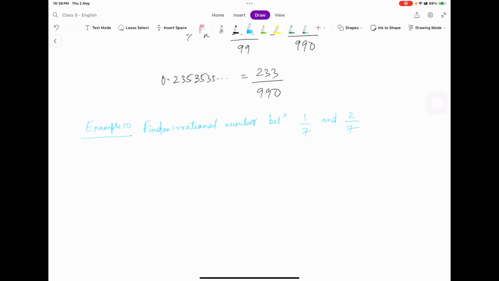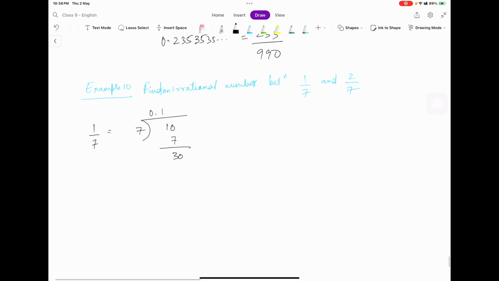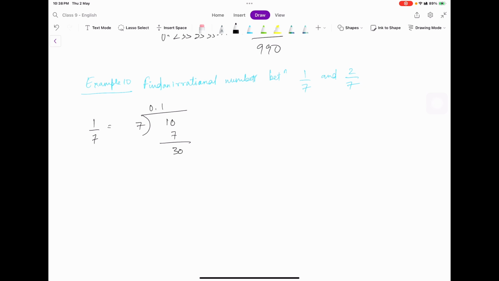Okay, so how will we do it? 1 by 7, the same thing we have to do: divide 1 by 7, 0.1, 30. You do the division. These are rational numbers, so each will have either a terminating or a non-terminating recurring decimal expansion.